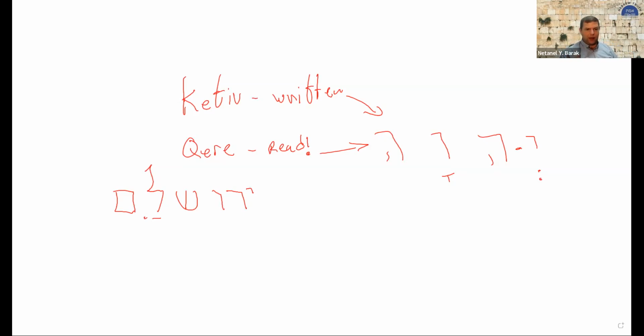For instance, I'll give you a few examples that are clear cut and obvious. Sometimes there was a word in the Bible that was rated R, I don't know how they rated it back then. And so they changed it to be more palatable.